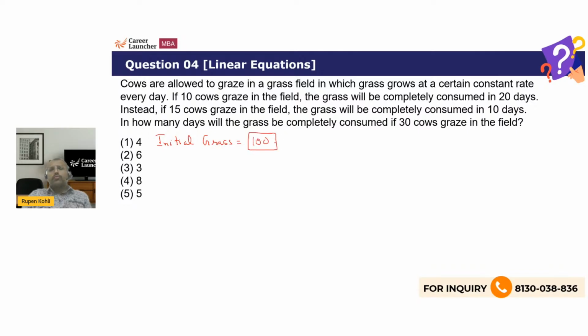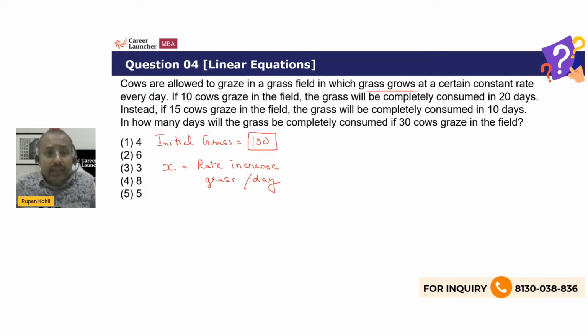Then there are two things involved here. One is the rate at which the grass grows. Remember, grass grows at a certain constant rate. I'm taking that to be X. Let's say X is the rate of increase of grass on a daily basis.